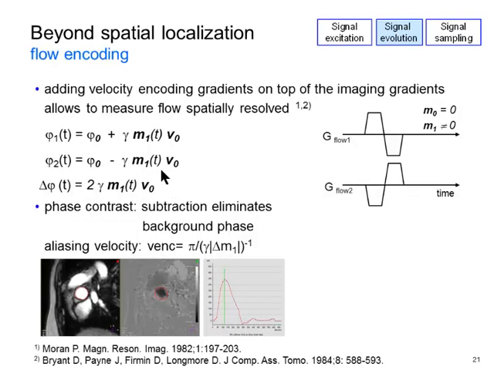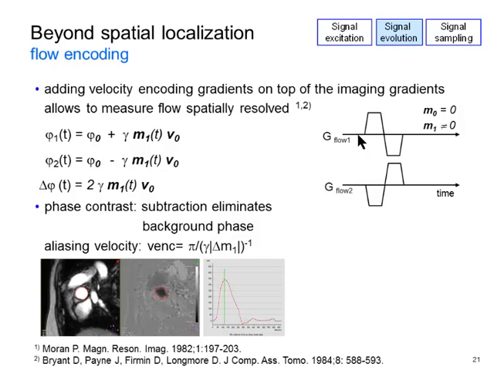All right, let's talk briefly about flow encoding. This is a gradient that has no net moment, that means no net k moment, so no zeroth moment, but a finite first moment. Usually if we perform an experiment, we have some background phase and some first-moment-induced phase if there is flow present.